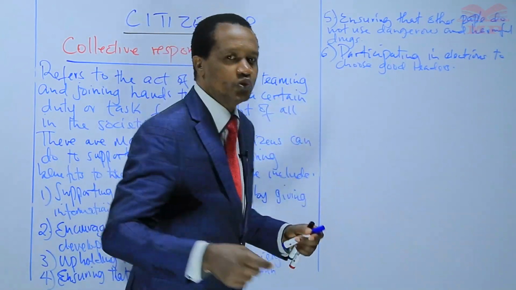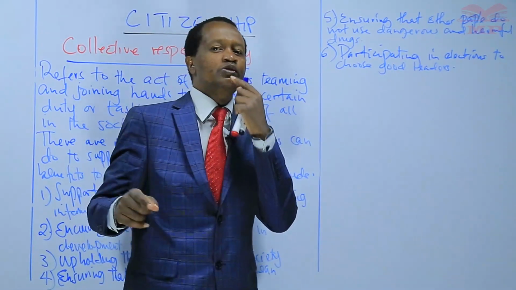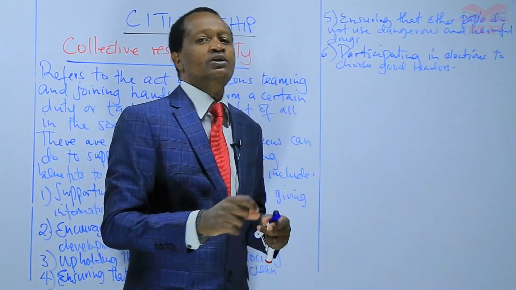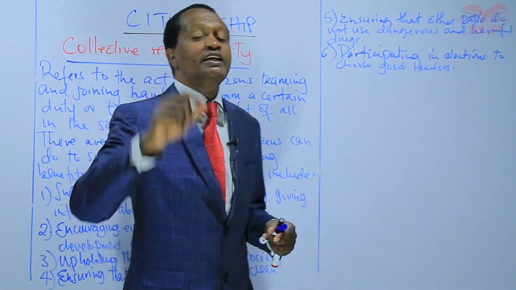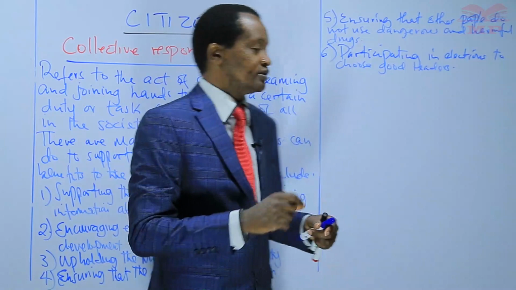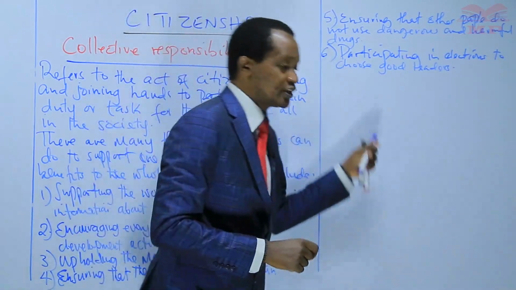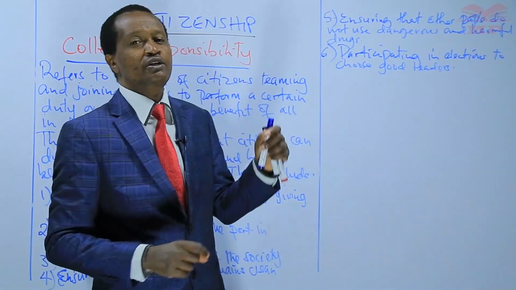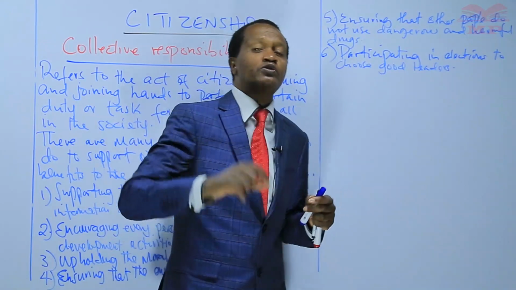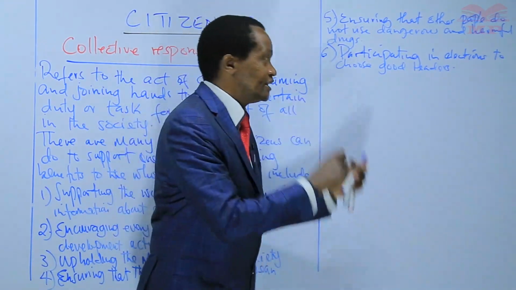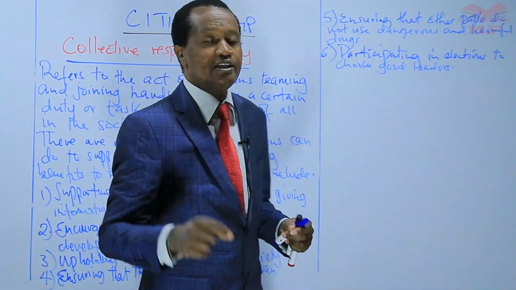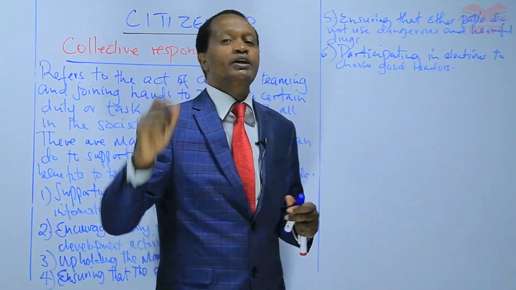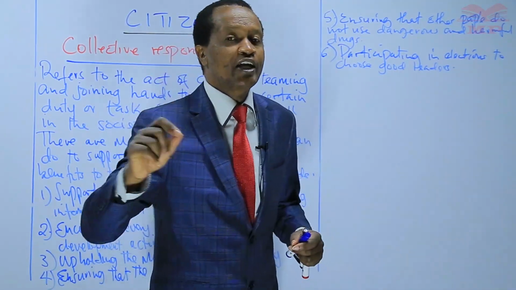Voters should refuse to be bribed to vote for certain candidates whose intentions are to serve their selfish interests. So if you are a voter, you are not supposed to take bribe. No one should give you money so that you vote for them. You should vote for a leader based on his character, based on his conduct, based on his track record.